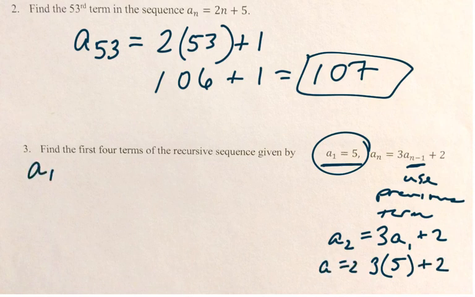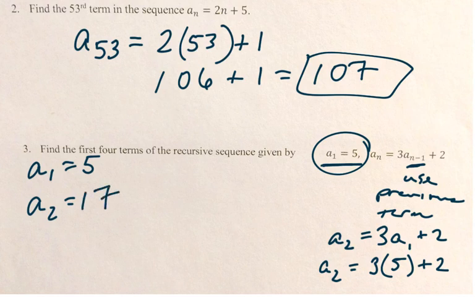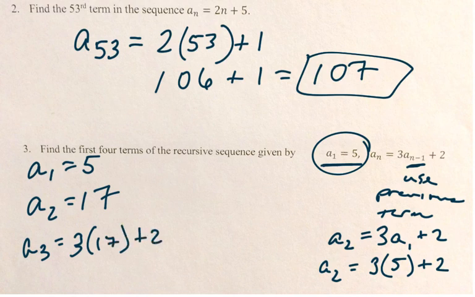So on this one, a sub 1 they gave us, it's 5. A sub 2 is going to be 15 plus 2. 15 plus 2 is 17. A sub 3 is going to be 3 times 17, our previous term, plus 2. That's 51 plus 2, so that gives us 53.